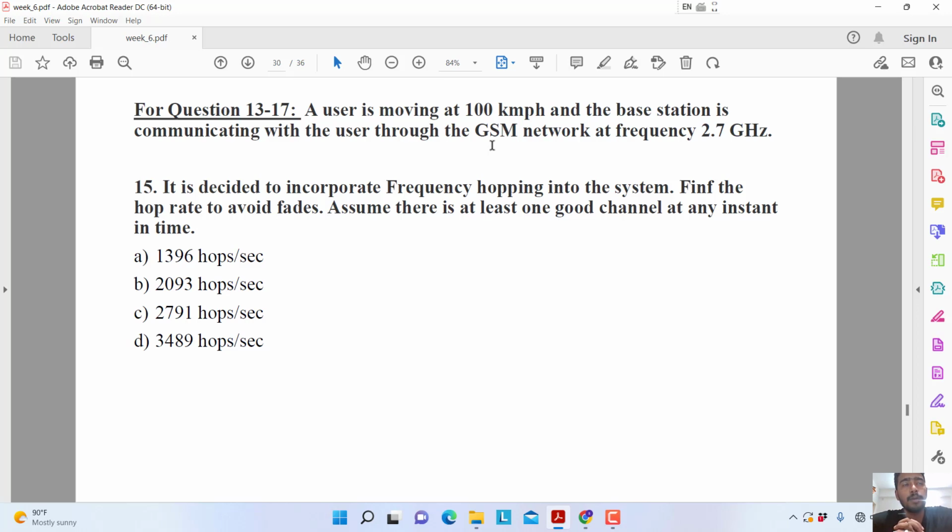Find the hop rate, but just use the formulas that are explained in these concepts. Basically in GSM frequency hopping is preferred, but here they are trying to incorporate frequency hopping. So we have to calculate the hop rate to avoid the fades, with the condition that there is at least one good channel at any instant of time.